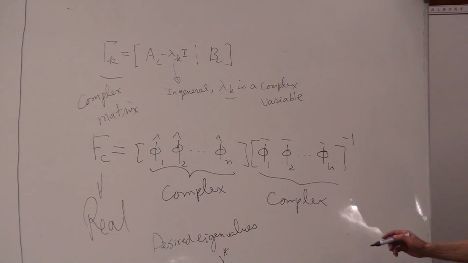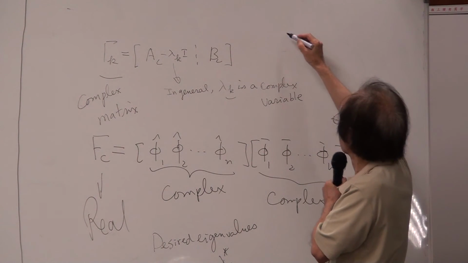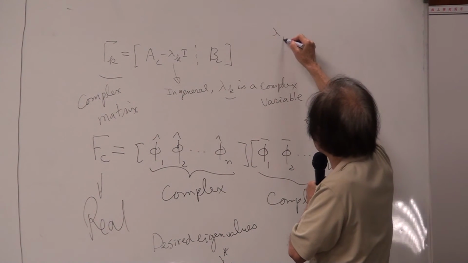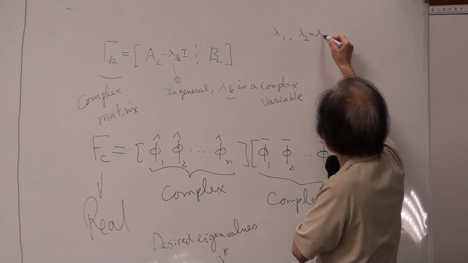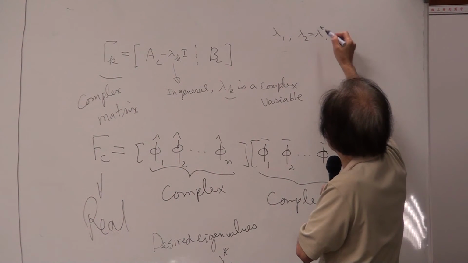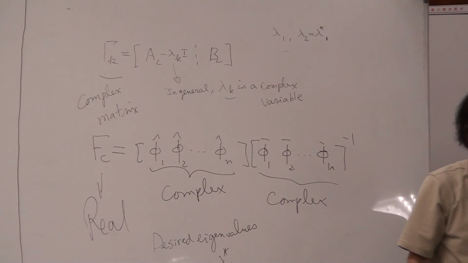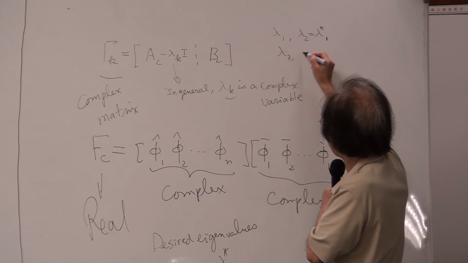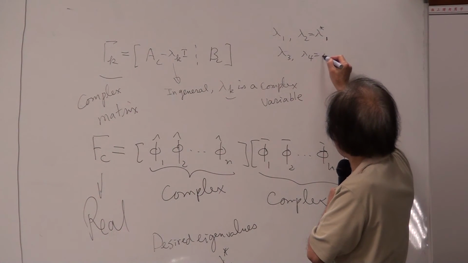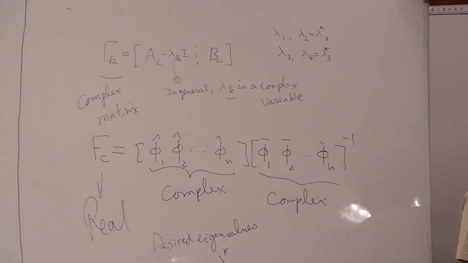That means that if lambda 1 is complex, lambda 2 will be lambda 1 conjugate. Then lambda 3 and lambda 4 will be lambda 3 conjugate. The real doesn't count.